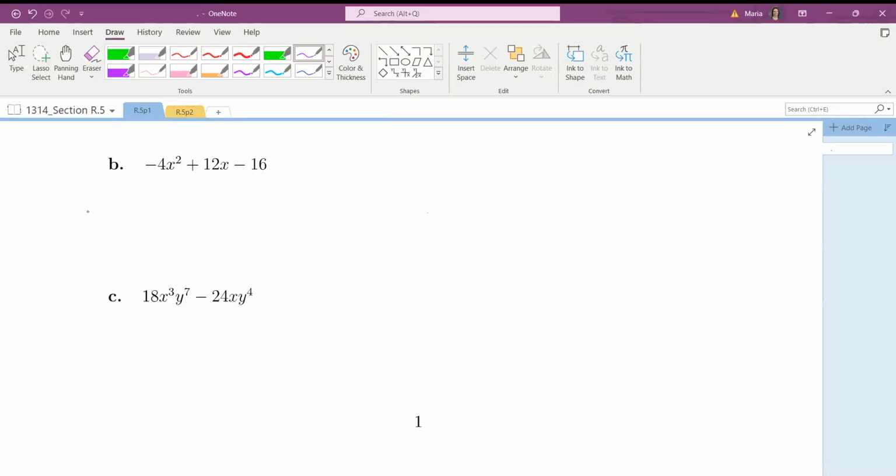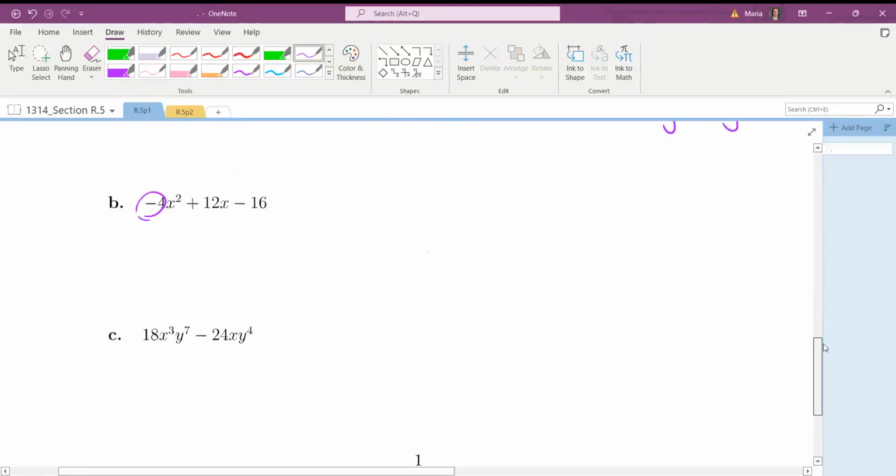If you notice, there are 3 terms here. So I've got this piece, this piece, this piece. The last term is missing an x, so you cannot factor out an x. So we're going to have to concentrate on the numbers here. We're only going to be able to take out a number, not an x. Something to notice: we're in standard form, and the first term is negative.